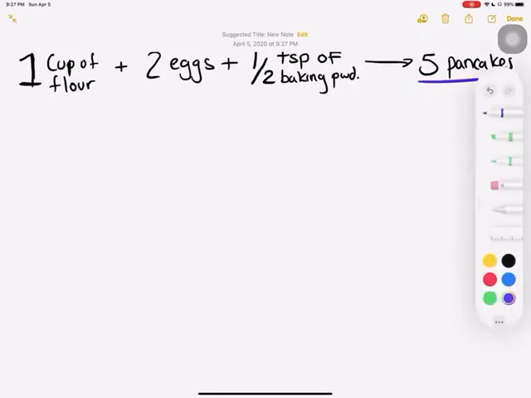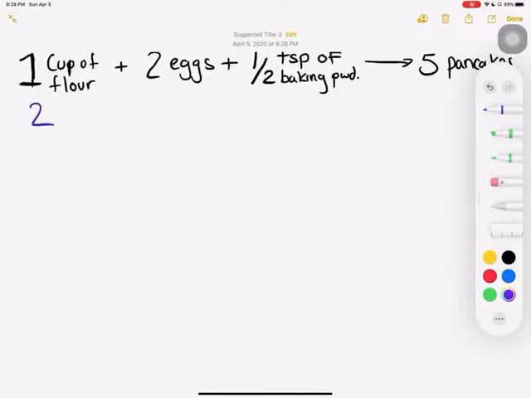There's no such thing as, instead of having, for example, 1 cup of flour, having 2 cups of flour, because these numbers over here are not gonna make five pancakes. So this is just a recipe, and this is grandma's recipe. So this has to stay like that. You're not gonna change those numbers ever.